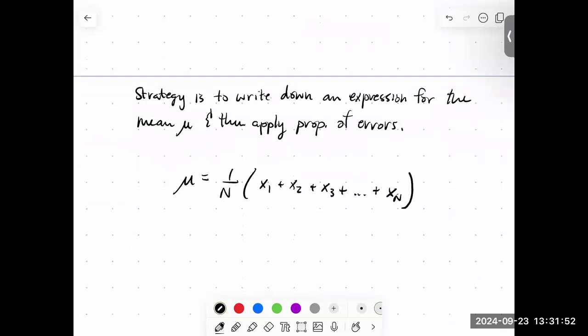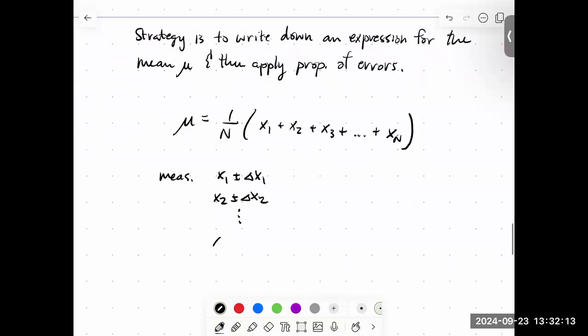If we're going to calculate this average, that means we've measured x1 and x2 and x3 all the way up to xn. So we measure x1 plus or minus delta x1, x2 plus or minus delta x2, all the way up to xn plus or minus delta xn.